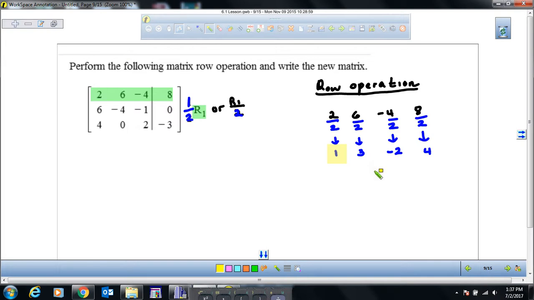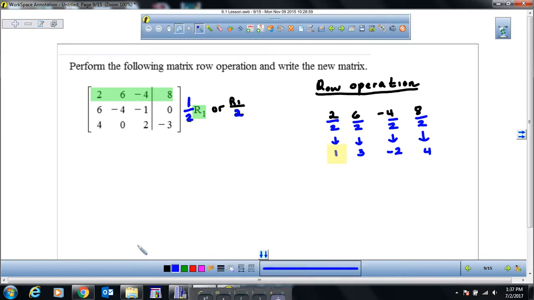That's something we're going to do. When I say make a number into a 1, what operation do we have to do? One of the things that you can do is multiply the row by the reciprocal of whatever number you want to make into a 1, or divide the whole row by that same number. That's how you make a number into a 1. We're going to talk about that in the next part.